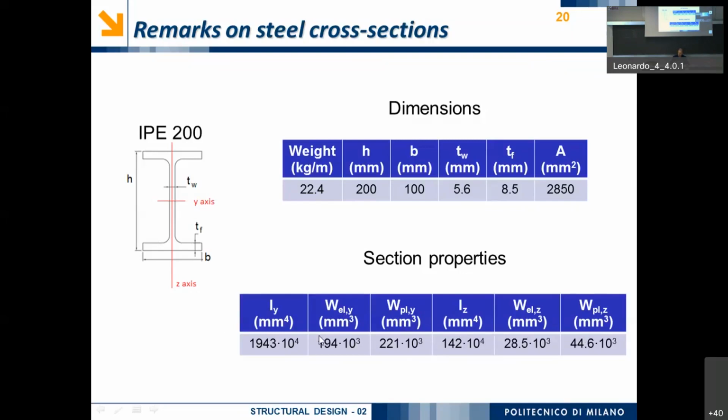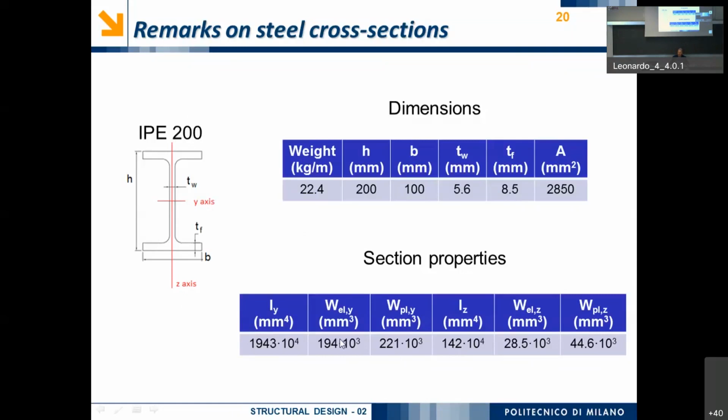Of course, we can observe that the Y direction, so vertical one, is the strong direction of the beam. In fact, the inertia moment with respect to the Y axis, which is the horizontal one, is much larger than the inertia moment in the orthogonal direction.